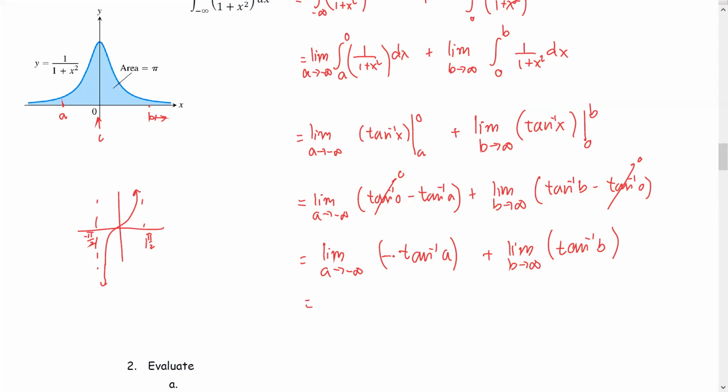So for the first one, the inverse tangent of a approaches negative pi over 2 as a approaches negative infinity. Therefore, the first one approaches negative of negative pi over 2. The second one, the inverse tangent of b, as b approaches infinity, the value approaches pi over 2. The combination of these two becomes pi as a result.